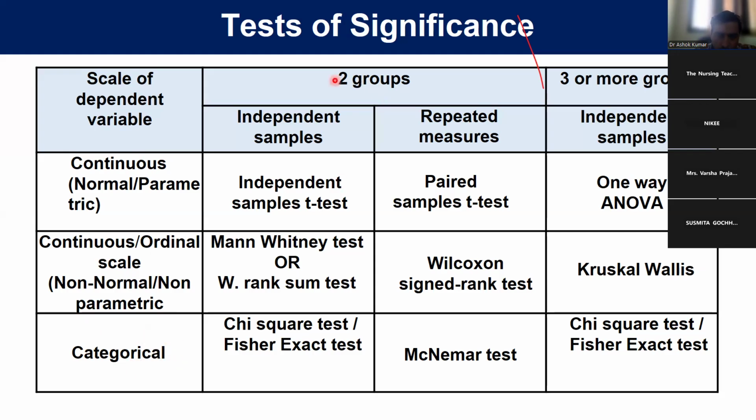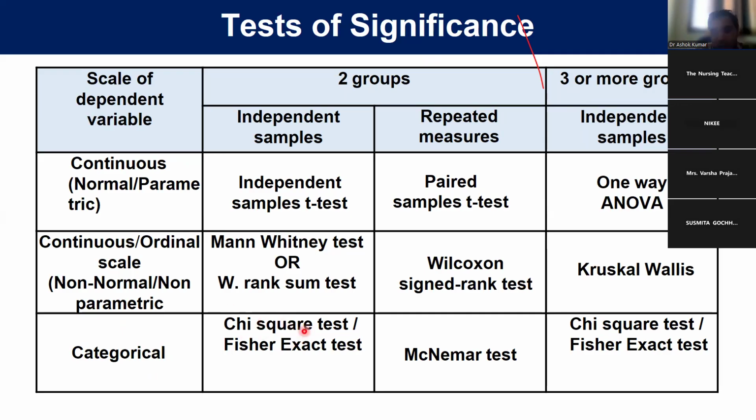If there are two independent groups, intervention and control, and a categorical dependent variable like mortality, yes and no, we should go for the chi-square test or Fisher's exact test. Where should we use chi-square and where Fisher's exact? Just remember this here, and I will show you in the next slide.